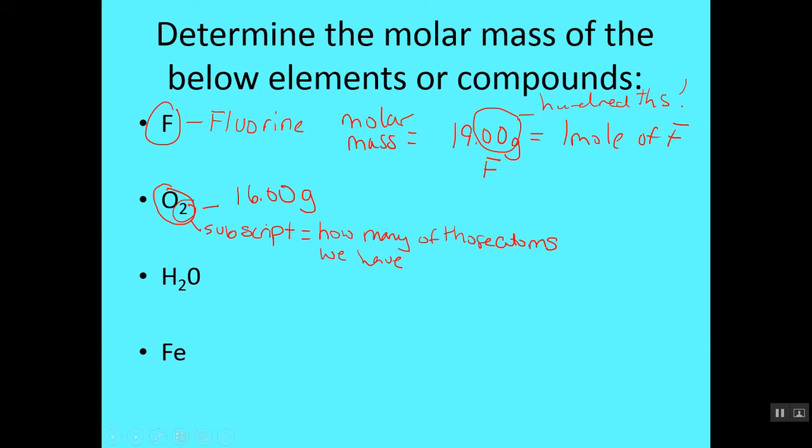So if we have not just one of those oxygens, but 2, then we simply take that 16.00 times 2, and now we get a mass of 32 grams in 1 mole. Again, why did we do that? Because we didn't just have one of those oxygens, we actually had 2. By taking it times 2, we're saying we had 2 of that mass.